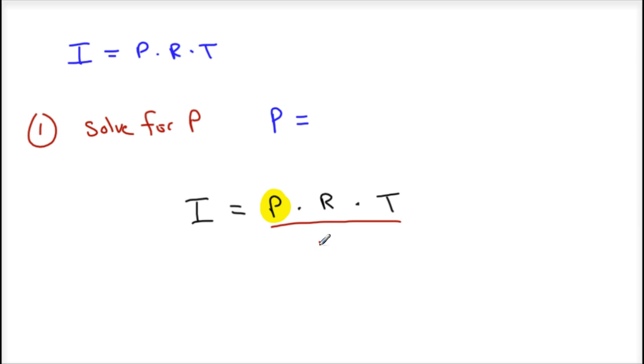Division. So let's divide by R and T. What I do to one side, I do to my other side. So my R's will simplify, my T's will simplify, and I'm left with P equals I, which is the simple interest, divided by R times T.